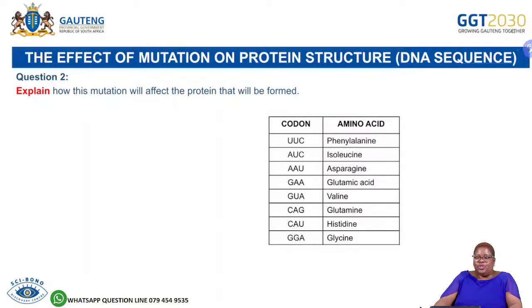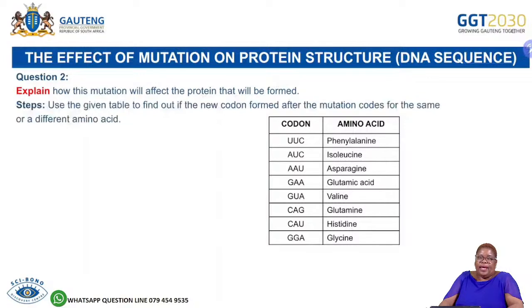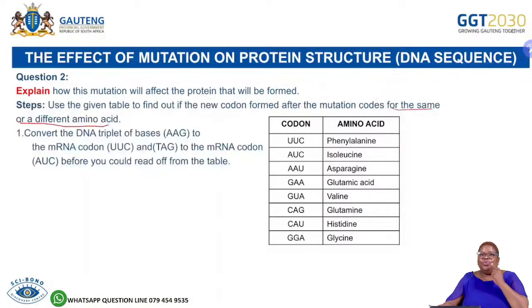Right? Going to the next question. Explain how this mutation will affect the protein that will be formed. Look at the steps. Use the given table to find out if the new codon formed after mutation codes for the same or different amino acid. So with that scenario, let's check what will happen.